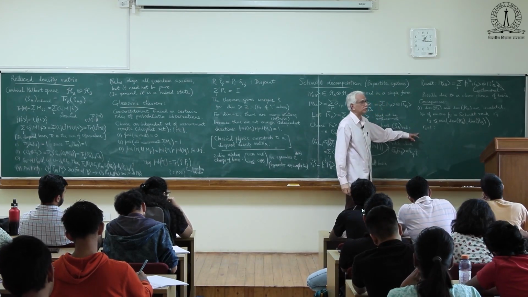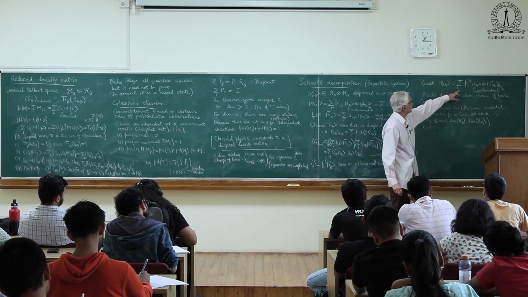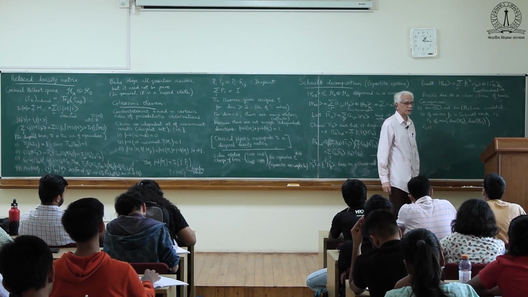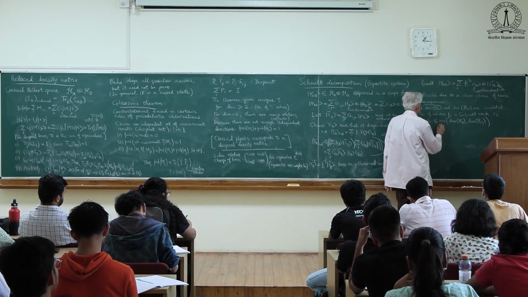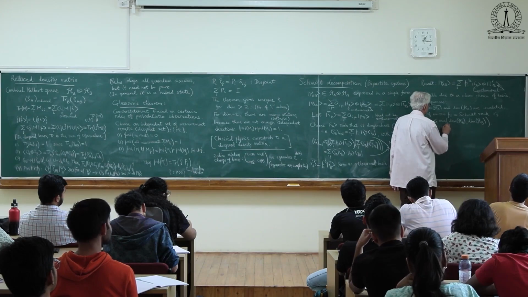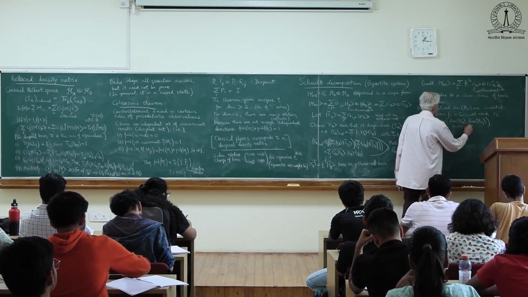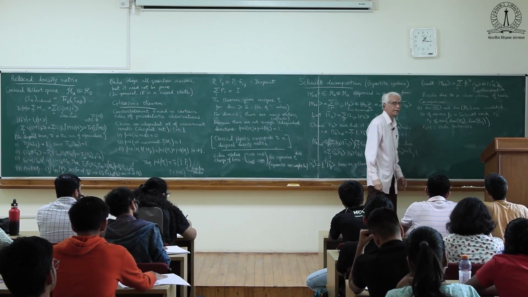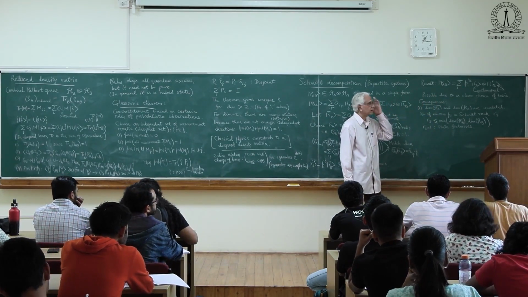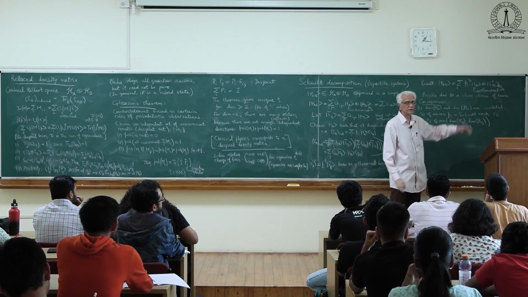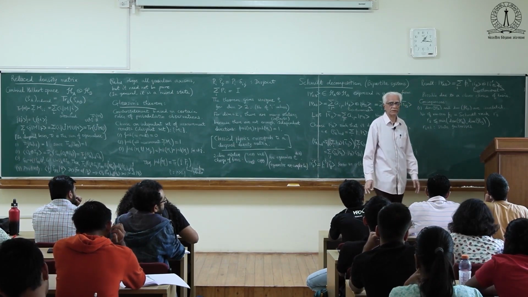If R is equal to 1, that means there is only one term in this particular summation, so the state factorizes. Because something in A and something in B, there is a tensor product between the two.